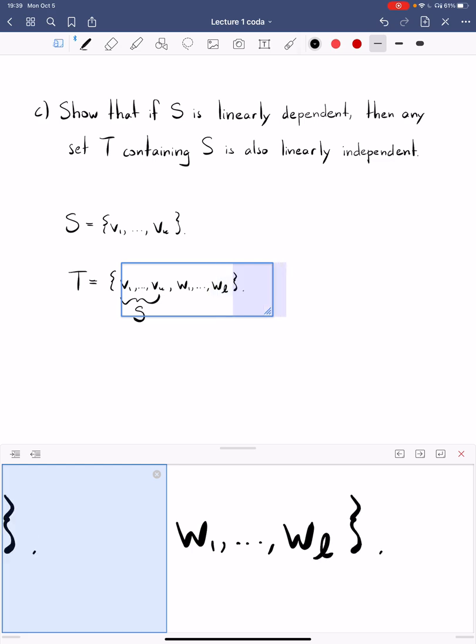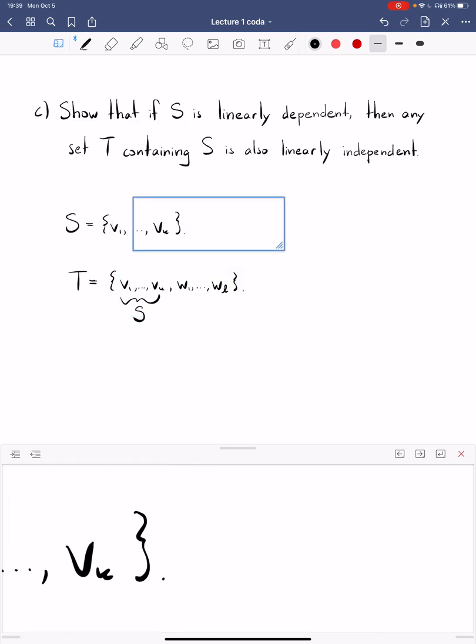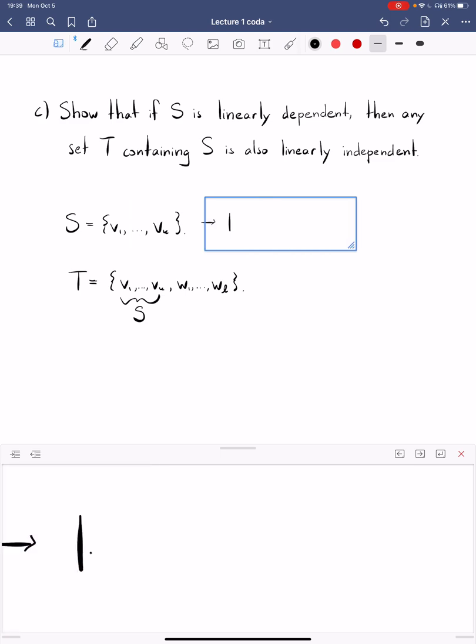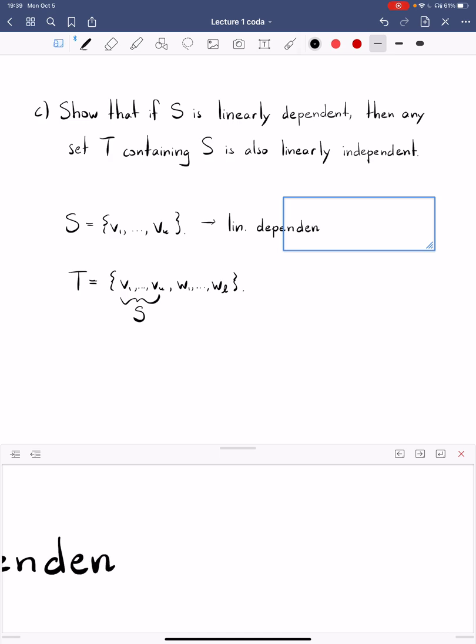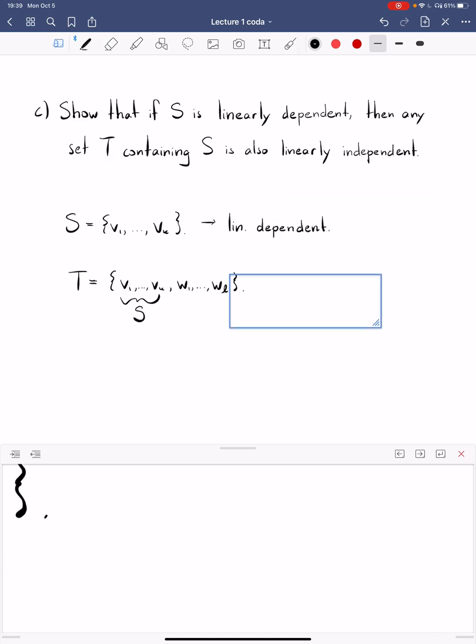This is the generic way that a superset of a set S of vectors v1 through vk would have to look. And what I know is that S is linearly dependent, and what I want to show is that so is T.